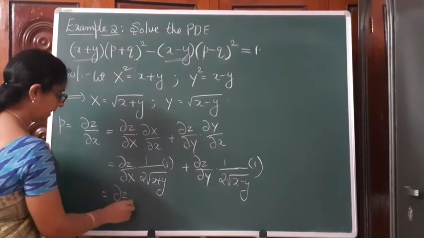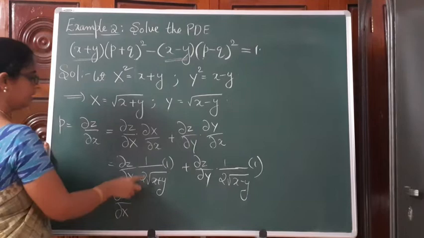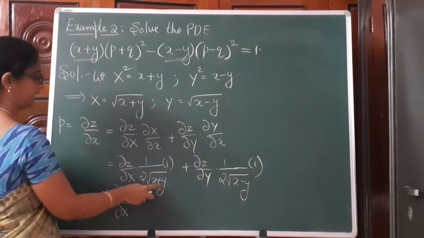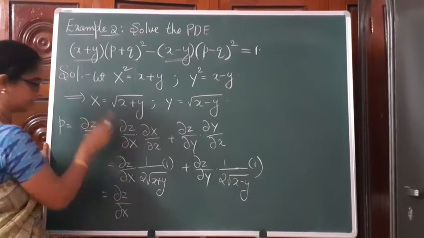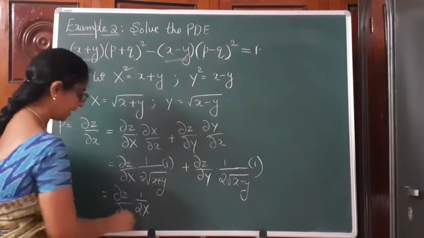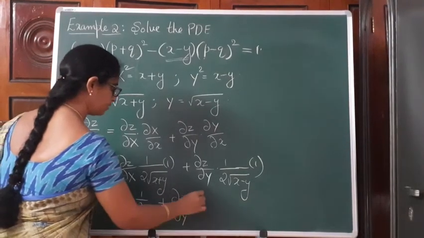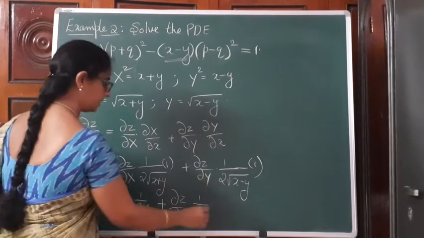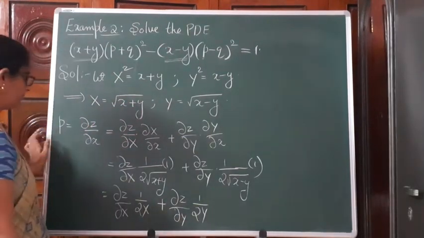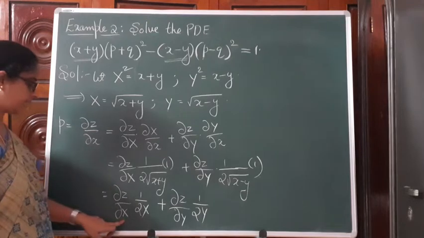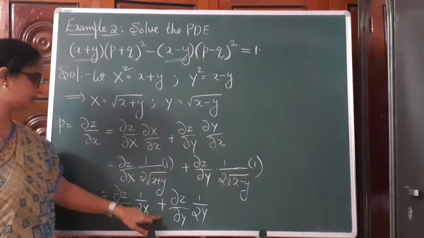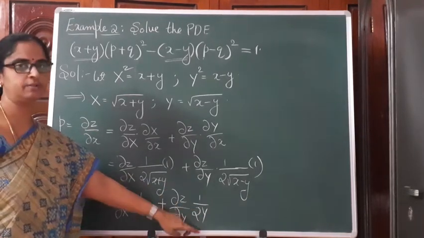So what do we get here? Dou z by dou capital X into 1 by 2 root x plus y. But root over x plus y is capital X. So this is 1 by 2X plus dou z by dou capital Y into 1 by 2 root over x minus y, which is capital Y. Therefore, P is dou z by dou capital X into 1 by 2X plus dou z by dou capital Y into 1 by 2Y.